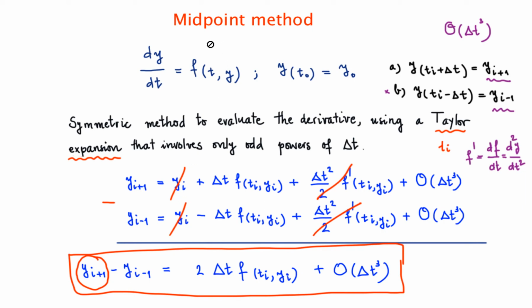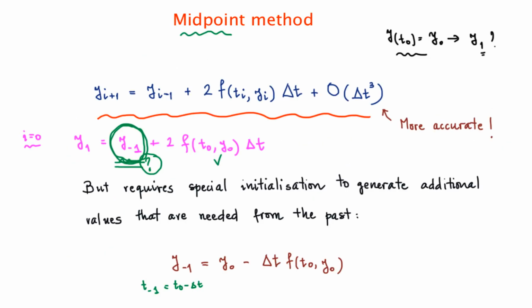That's why this method is called the midpoint method. And as you can see here, as with the forward method, this is an explicit method as well. The main difference with respect to the forward method is the order of the accuracy, which in this case is more accurate in delta t.